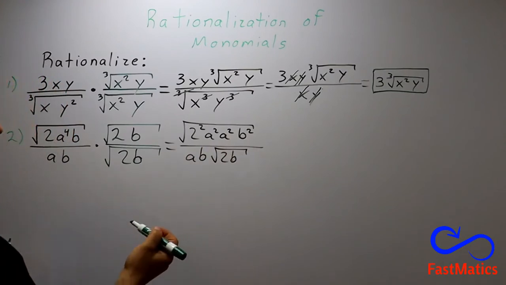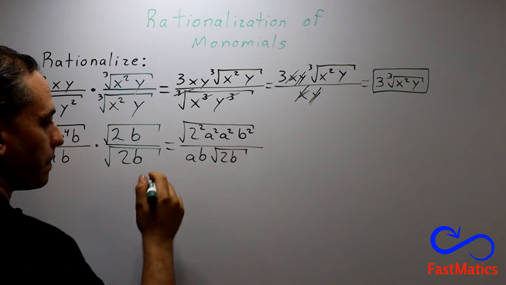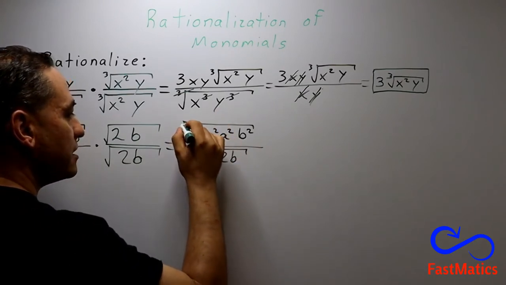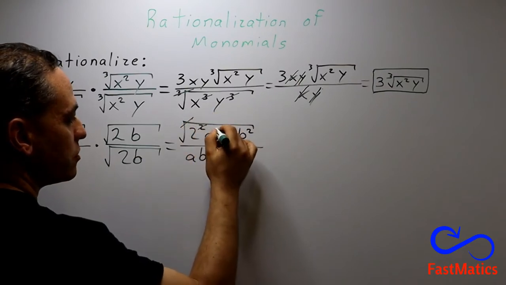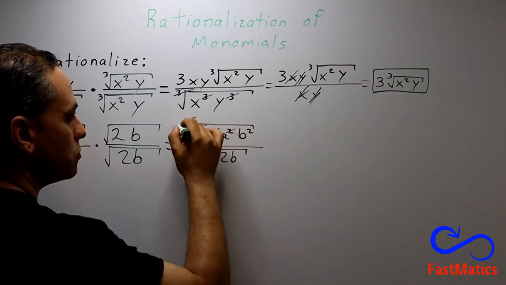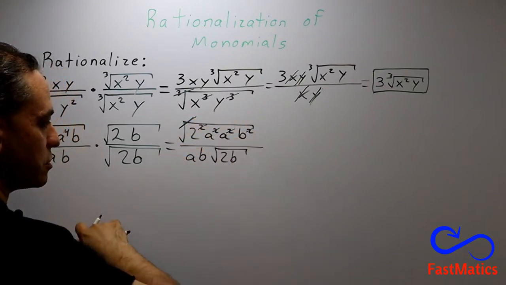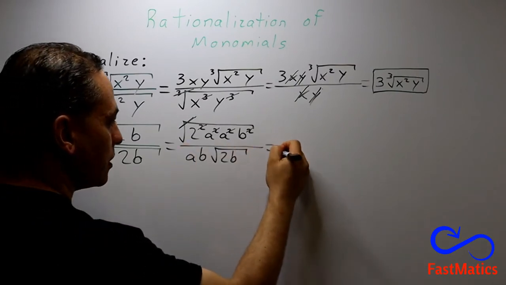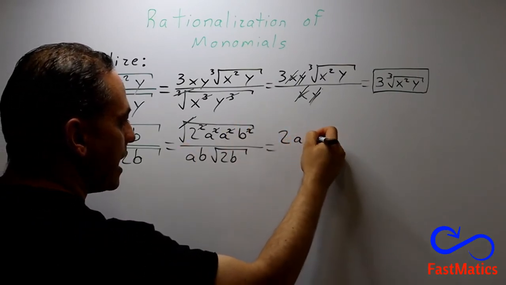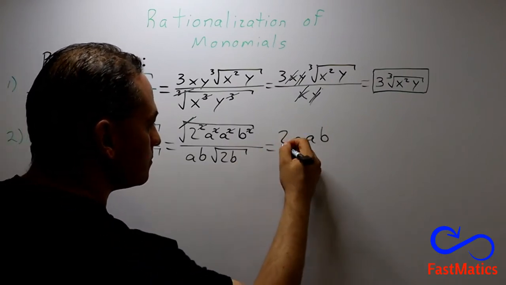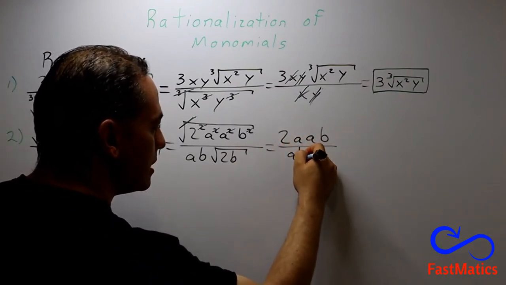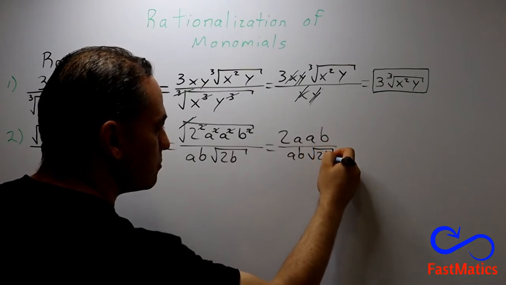Why? Because I can simplify this square root with the exponent 2, each of these square roots with the exponent 2. So you get 2aab over ab times the square root of 2b.